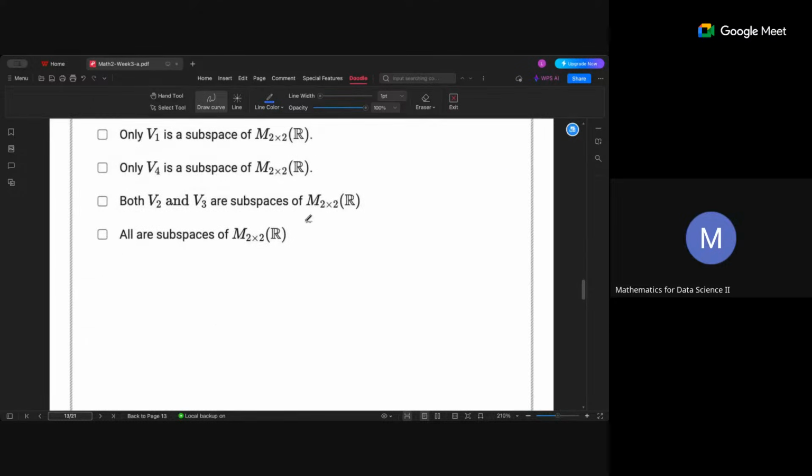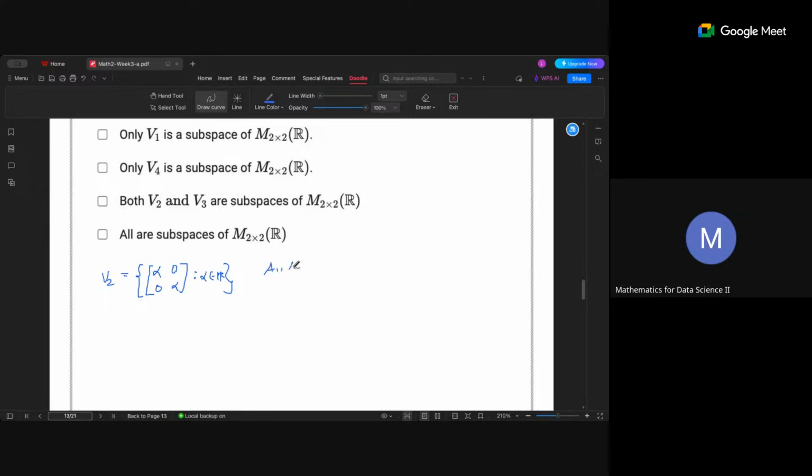So what is V2? V2 is the set of all scalar matrices. What is meant by a scalar matrix? Can anyone tell? A matrix whose non-diagonal elements are 0, and all diagonal elements are the same. Okay, so these are the set of all 2 by 2 such matrices. Now we want to see whether this is closed under addition and scalar multiplication. So let's take any two matrices from here.